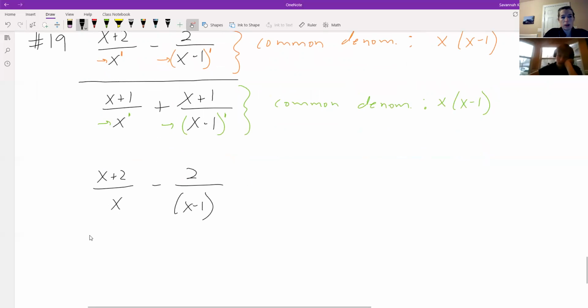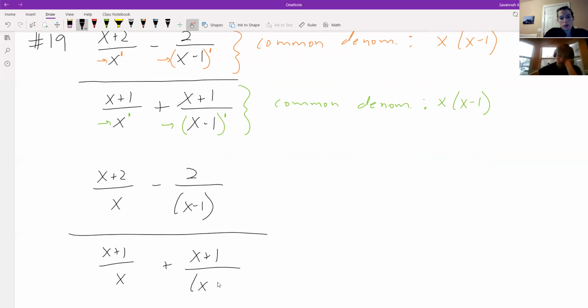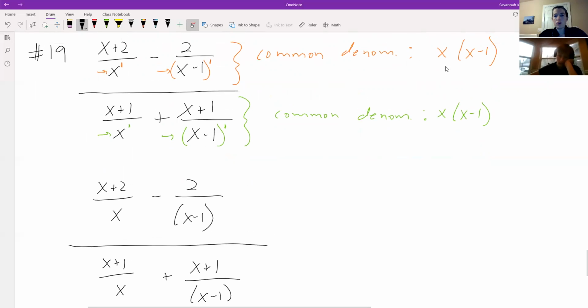That'll help with what I have to do next. x plus 1 over x minus 1. Okay, so looking at the orange part of the problem, the part of the problem that is a little subtraction thing going on up top.